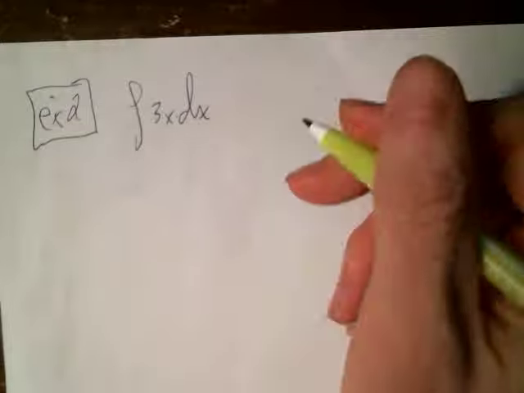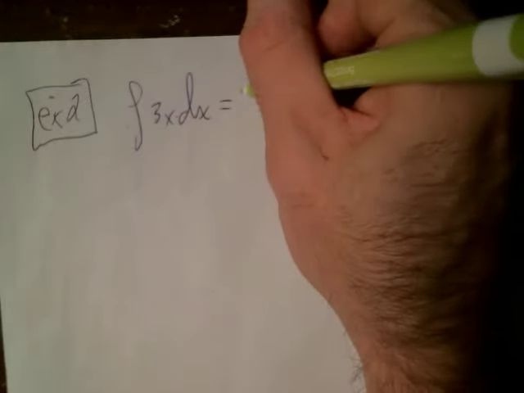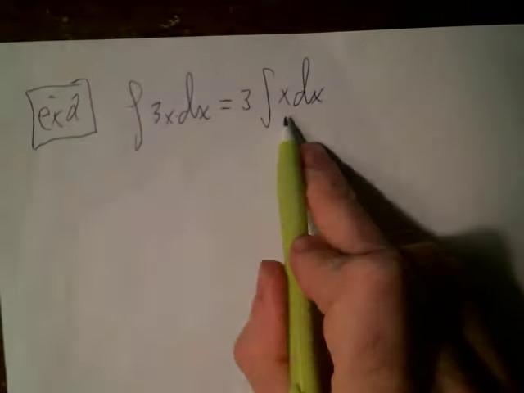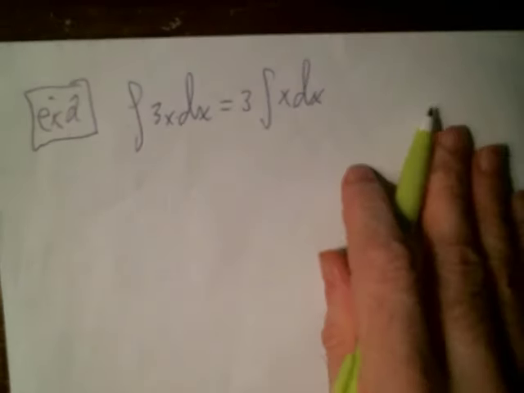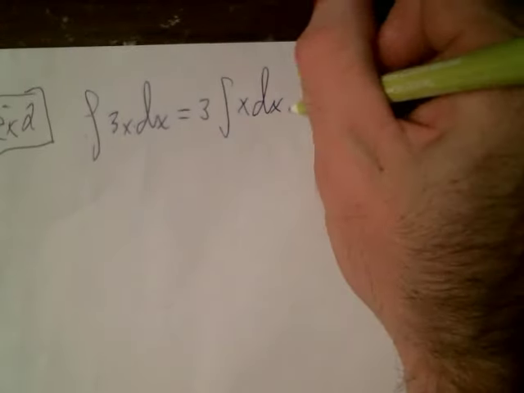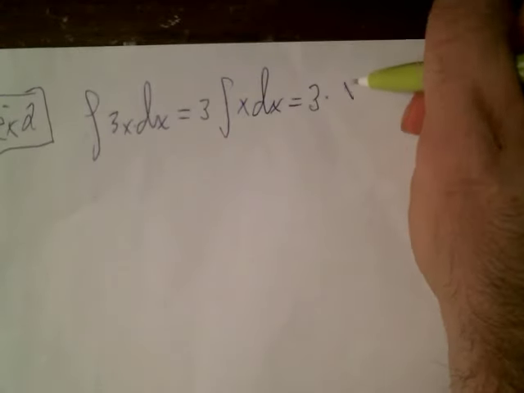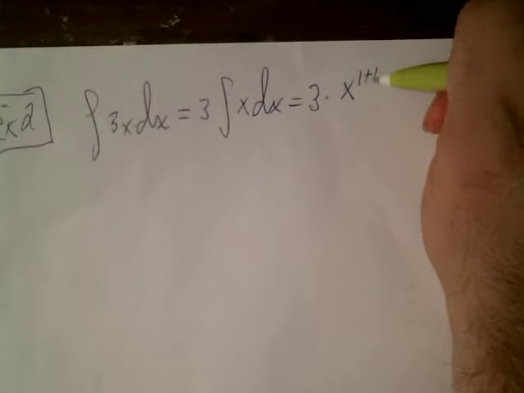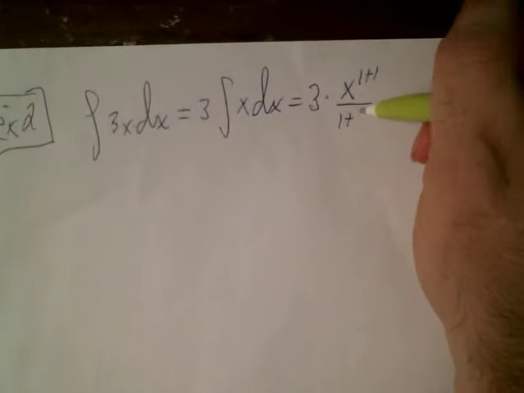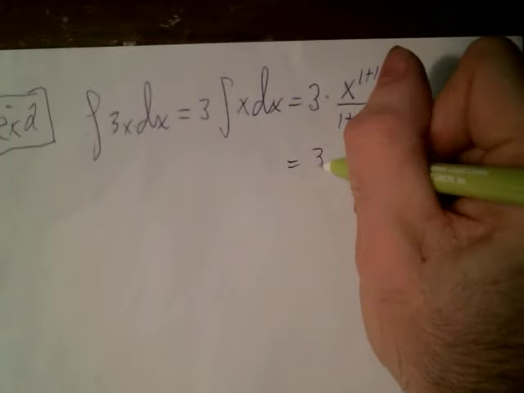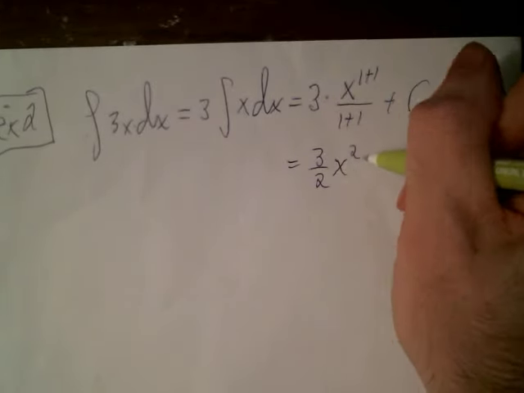So here I can factor out a 3, and then I'll have x dx, and I'm just finding the antiderivative of x. It'll be 3 times the antiderivative of x: x to the 1 plus 1, divided by 1 plus 1, plus c. So this will be 3 halves x squared plus c.